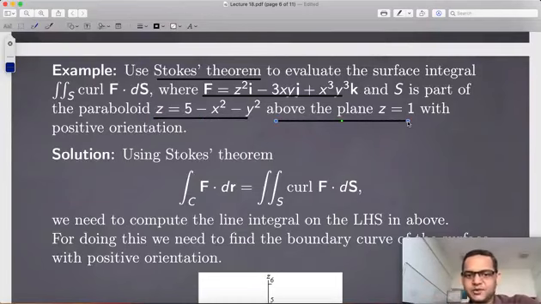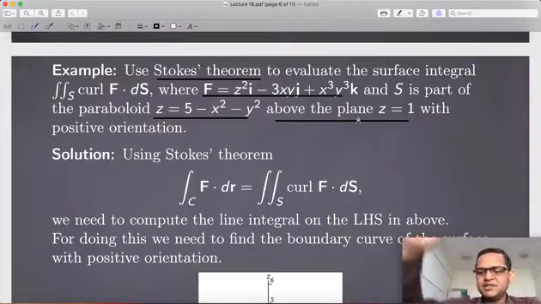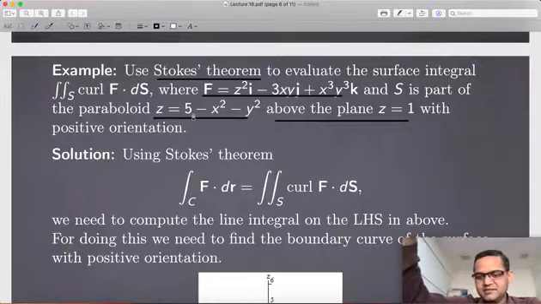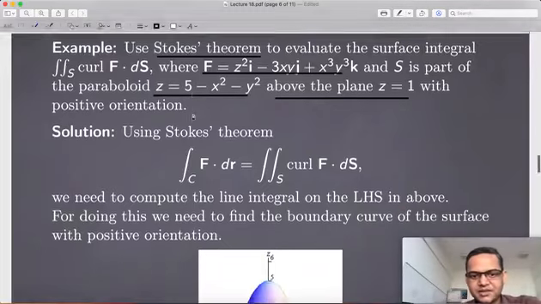So you know what positive orientation is, but we need to be careful a little bit, because this is a paraboloid, and you are interested only in that part which lies above the plane, correct? So you see that x squared plus y squared equals 5, that is when z is 0, correct?